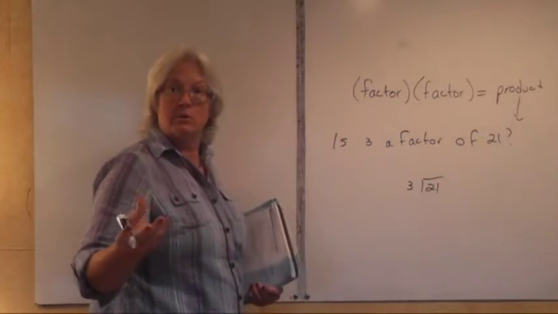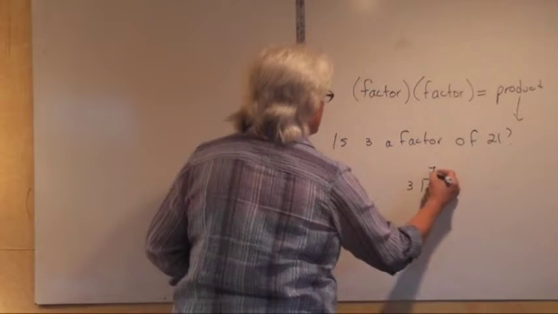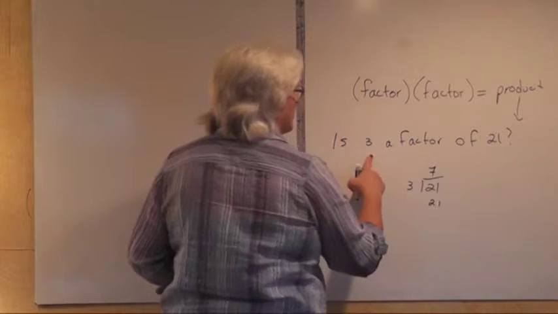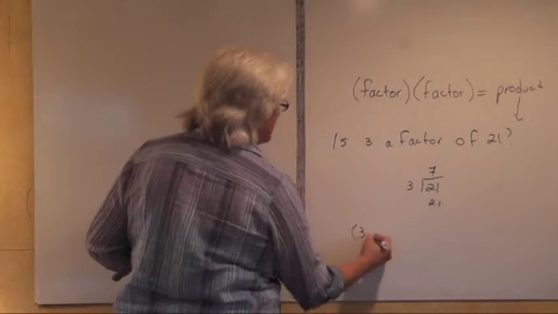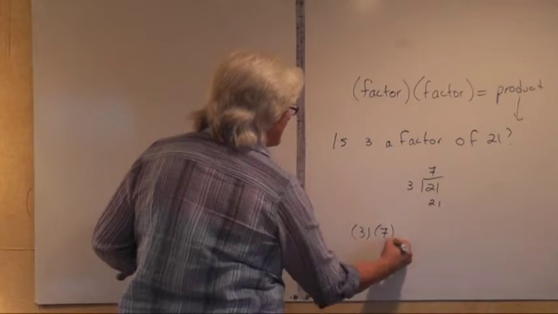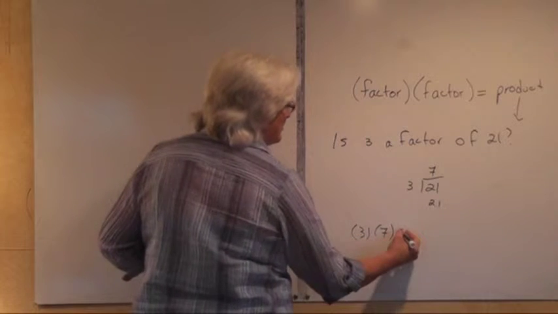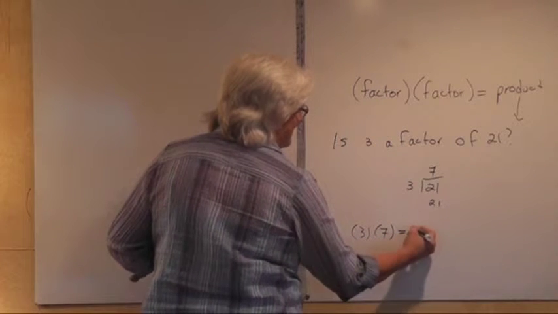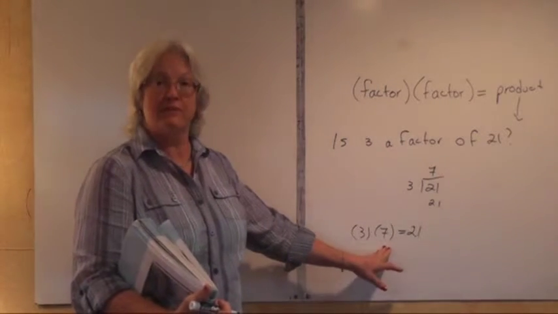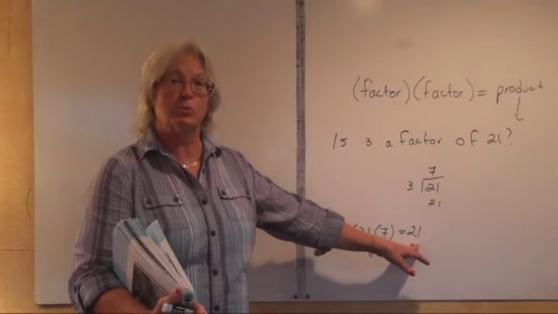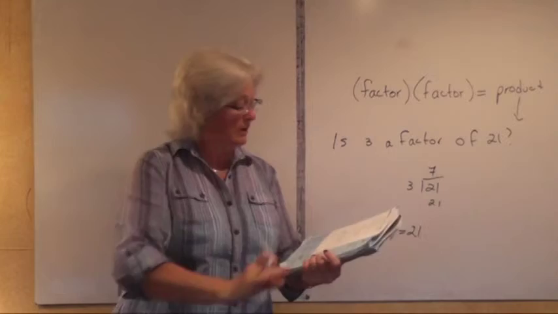This is just a simple multiplication fact that you should know. 7 times 3 is 21. 3 is a factor of 21 because you can take 3 and multiply it by 7 to get 21. 3 is a factor, 7 is a factor, 21 is your product. So this has to do with understanding vocabulary.